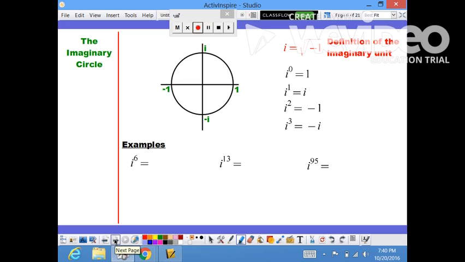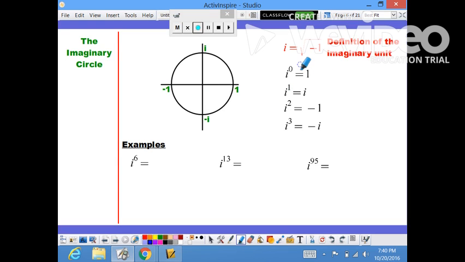Also, we have what is called the imaginary circle, and this can be written two ways. So I wrote it both ways for you. You have the imaginary circle right here on the left side, and we're going to transfer what we know in the imaginary circle on the left side over to the right side of this diagram here.